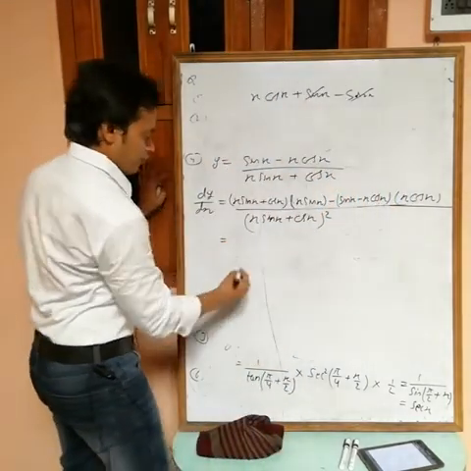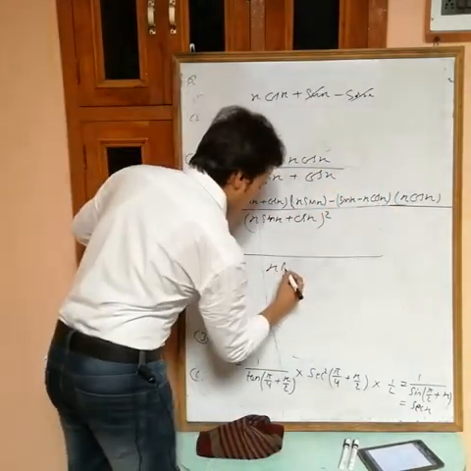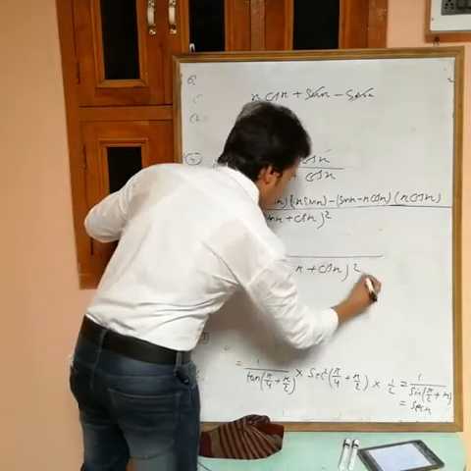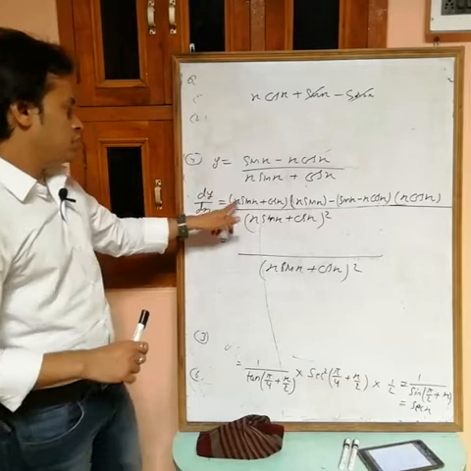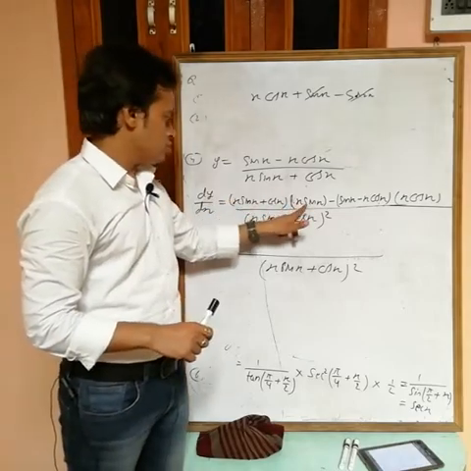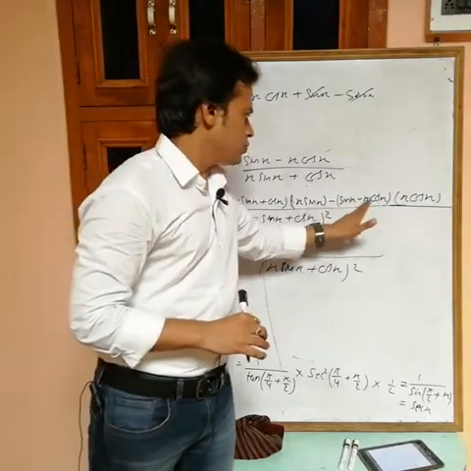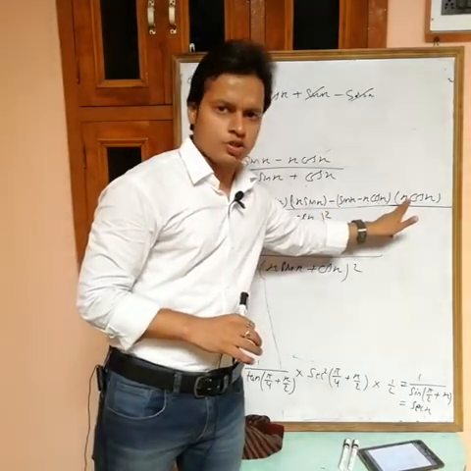Now simplify. In denominator we have x sine x plus cos x whole square, and in numerator this is x square sine square x, and minus plus x square cos square x.